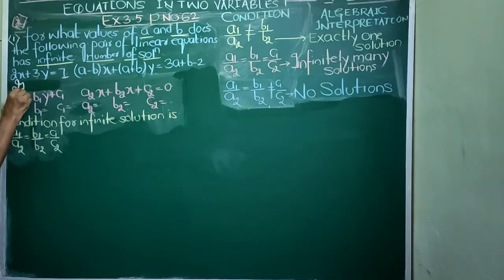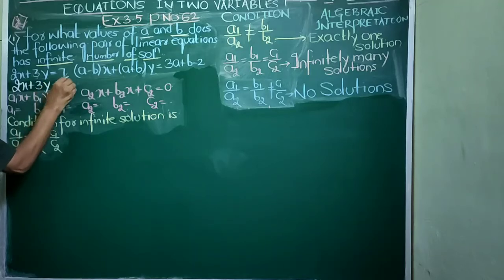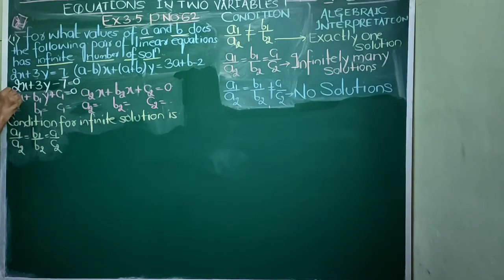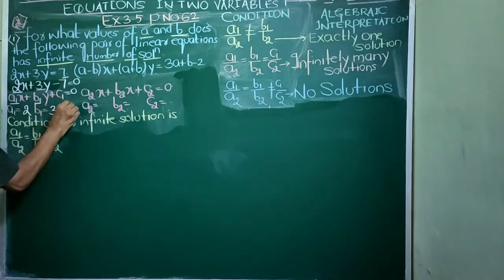How to do it? See, 2x plus 3y minus 7 equal to 0. It is compulsory you have to do it. Now compare it. A1 is equal to 2, B1 is equal to 3 and C1 is equal to minus 7.